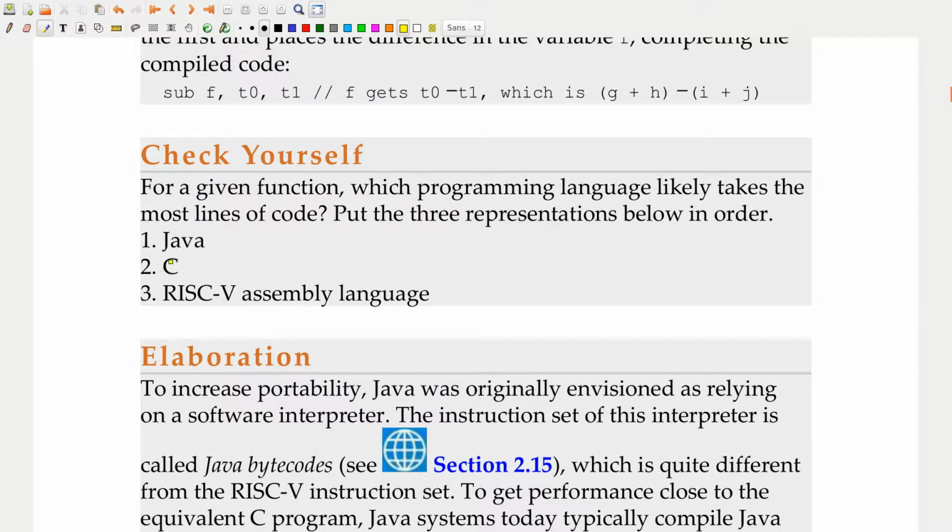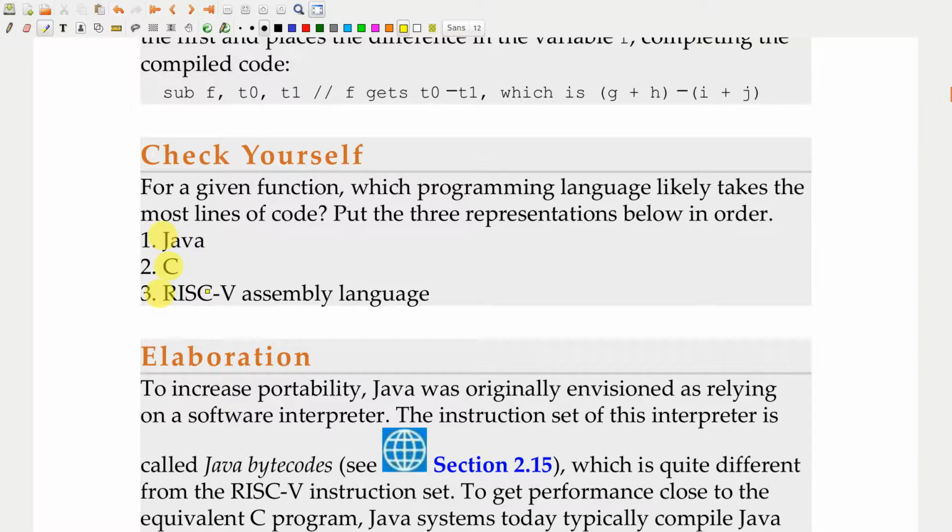I'm going to say it's 2 followed by 1 followed by 3. Oh, sorry, wait, most lines of code. RISC is always going to be first, so I would say it's 3, 2, 1.